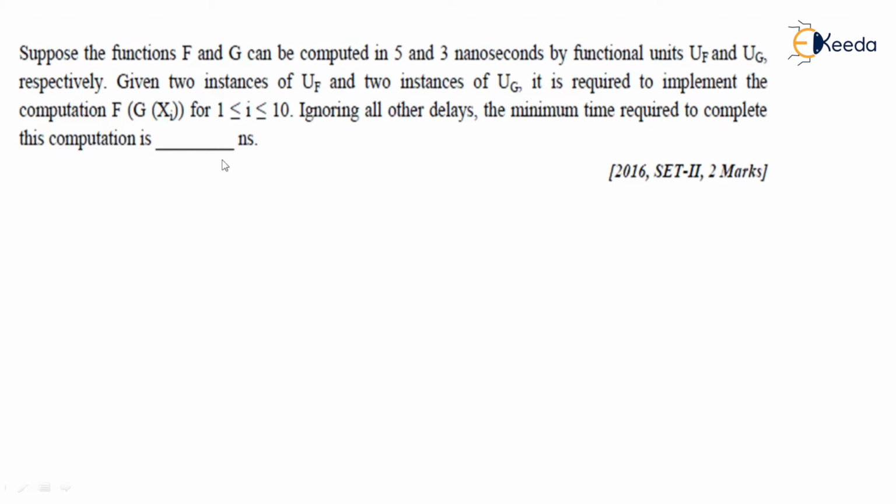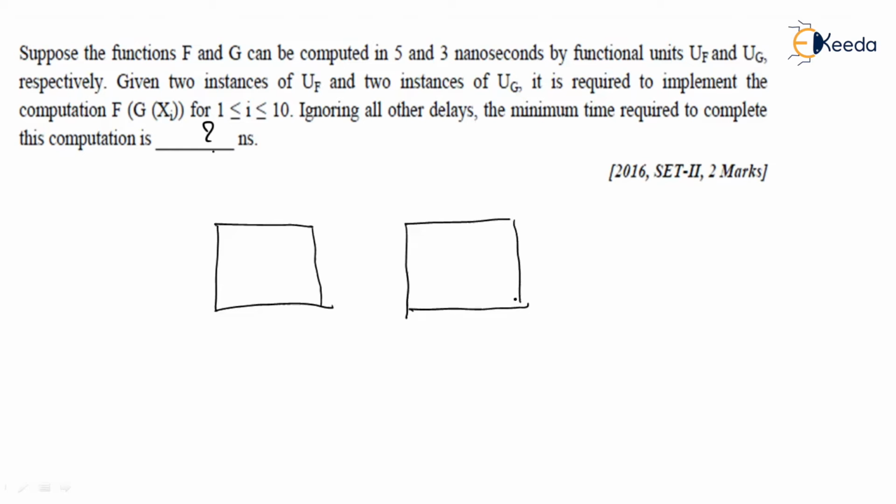Let us have a look at how many nanoseconds exactly we need to find out. Now, here there are two functions, one is f and one more is g. When you have a look at this, you can have a clear idea that first g of x will get performed, followed by f of x, right?